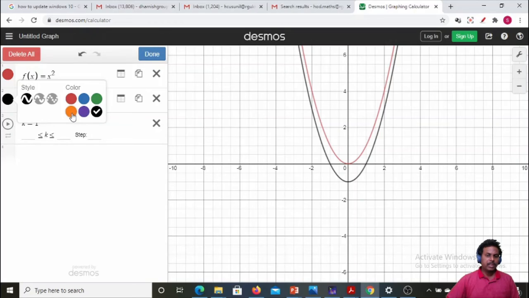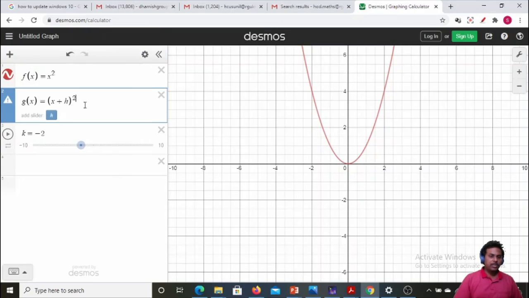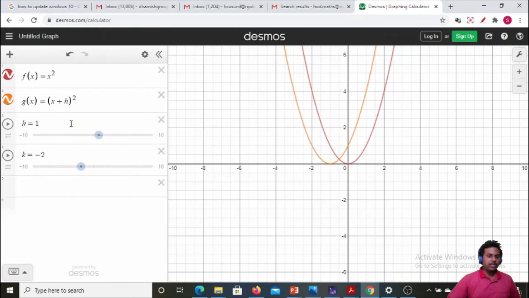Here I am taking this orange color graph for g of x. So g of x is equal to x square minus k, and k values I'll take as h whole square. Now I'm going to add a new slider k. I am cancelling it out.